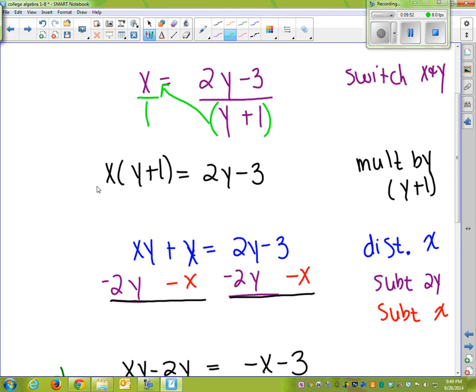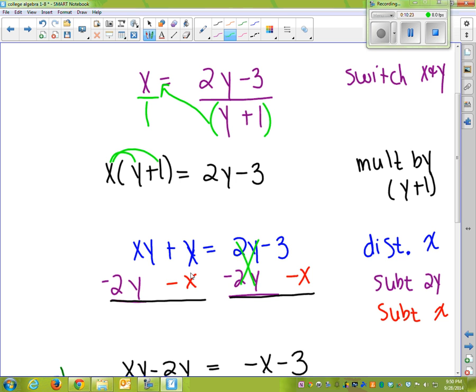Right, the next thing I did is I distributed the x. So I have xy plus x. And I did that because what I want to do is add and subtract so that I can get the y's on one side and my other numbers on the other side. So in the next step, I subtracted the 2y, so it canceled, and I moved it to the left.